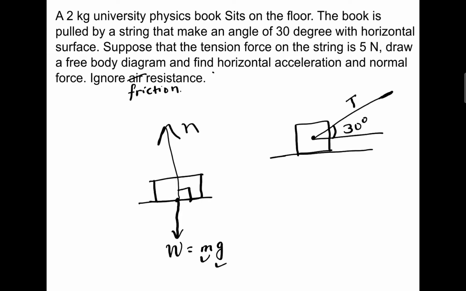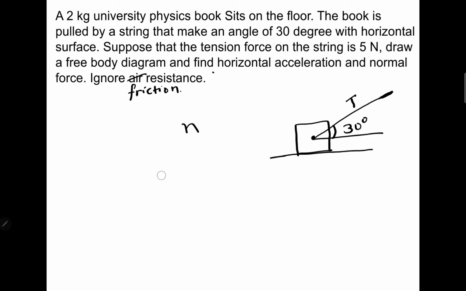If you ignore frictional force, there are three forces acting in this system: normal force, tension force, and weight mg, that is the gravity. These are the kinds of forces that we have to work with.